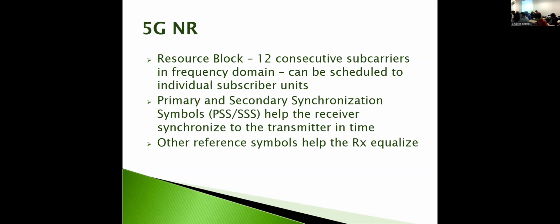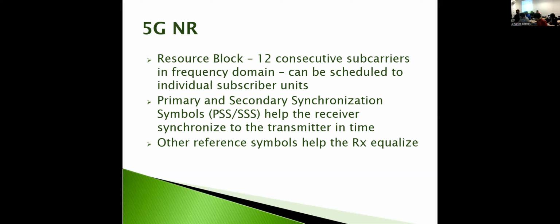So in 5G, we have this idea of a resource block. That would be 12 consecutive subcarriers in the frequency domain, and that is the minimum block that can be scheduled to individual subscriber units.